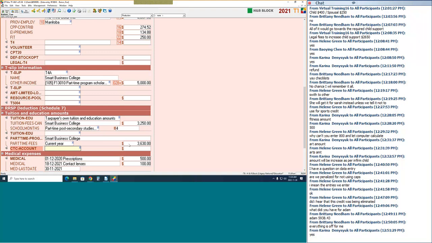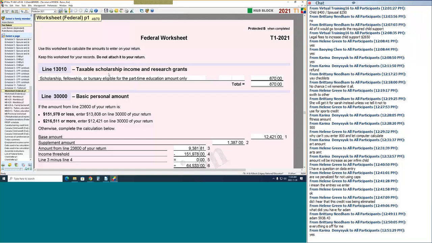The computer will handle the $500 automatic exemption for me. And if I have done everything correctly, I will have $870 as my taxable income for Eve. Okay, so that is a tricky one, and it is one that you will occasionally have to do.